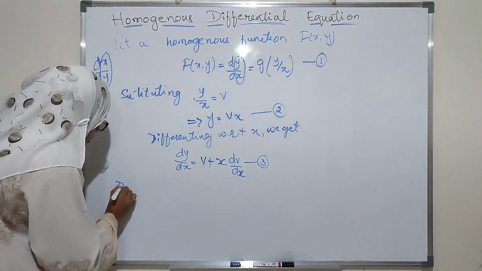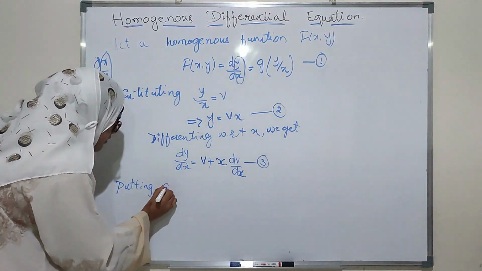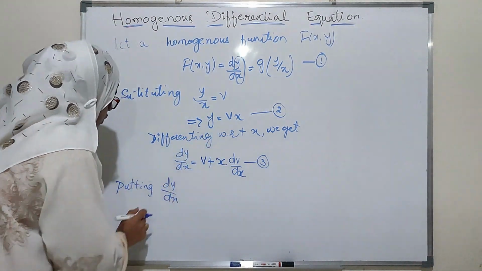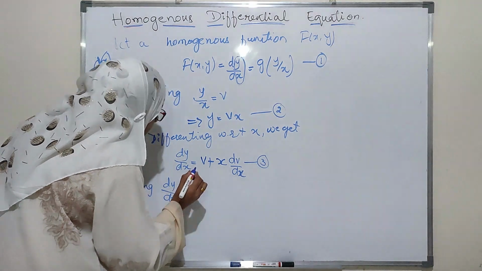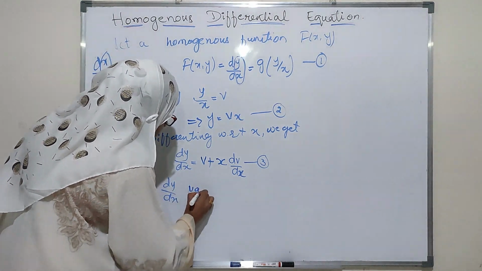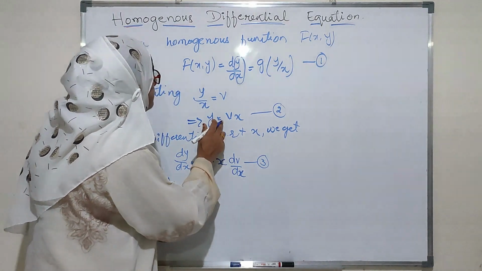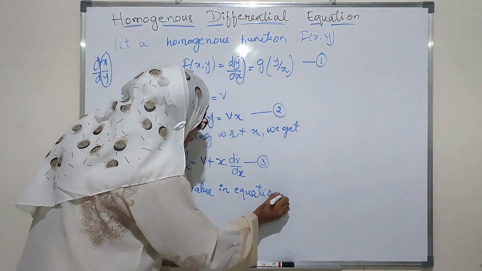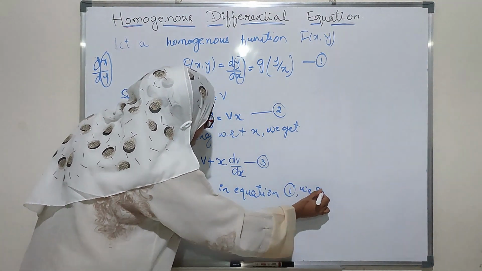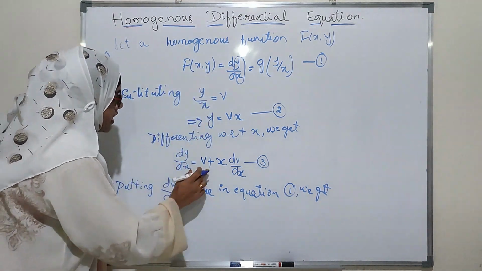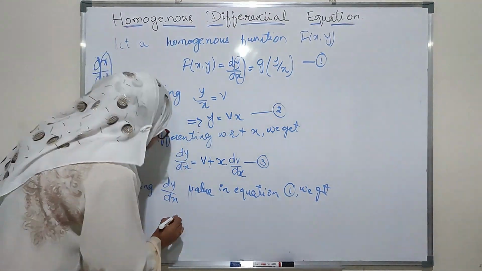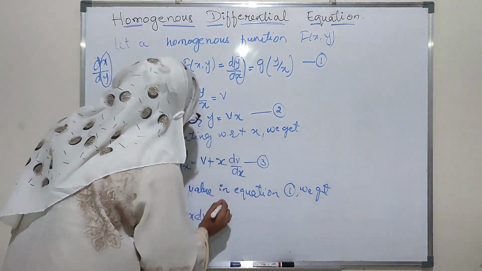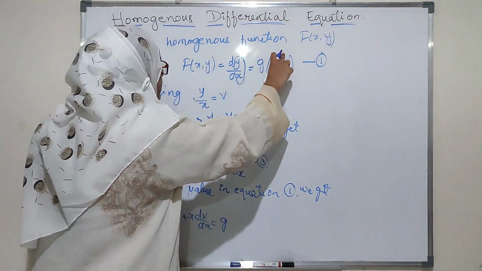So putting the value of dy by dx, we got dy by dx as v plus x dv by dx. Putting this dy by dx in equation 1, we get v plus x dv by dx is equal to g of y by x.